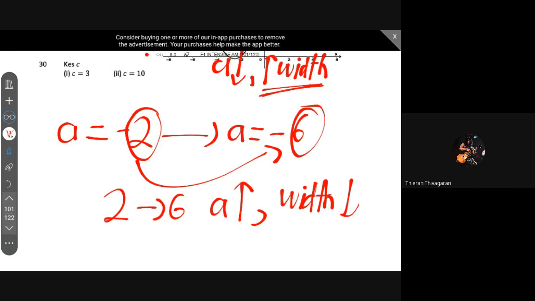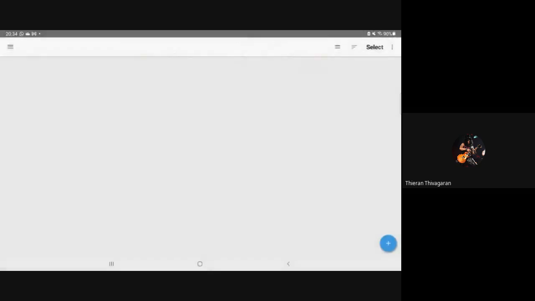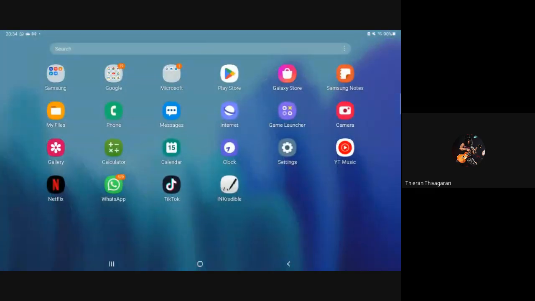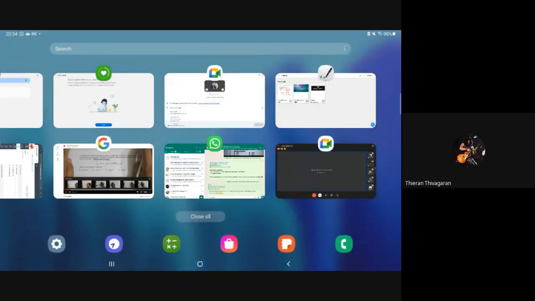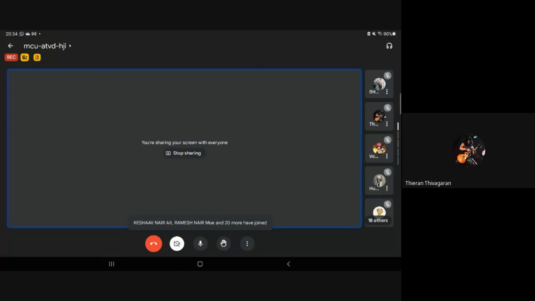If you guys, I don't know whether I can, because I can show you this example also in an app, tapi app ni dalam phone saya, so saya nak fikir macam mana. Sabar guys, I try to show you something. Mungkin saya buka kamera, kamu boleh nampak easier. I try to show you from an app how to show this demonstration.